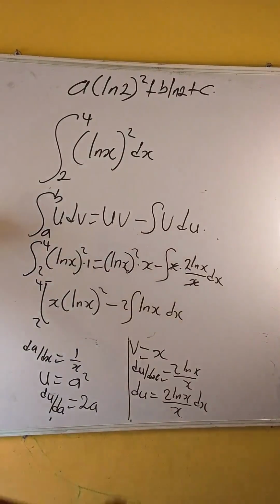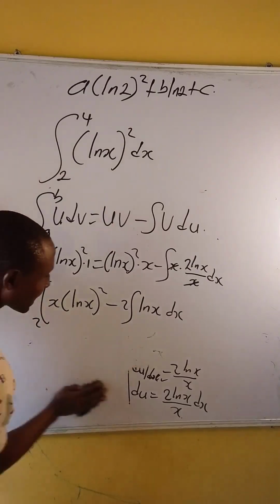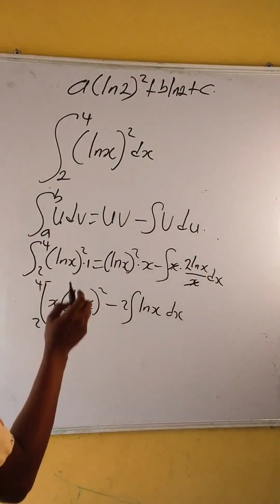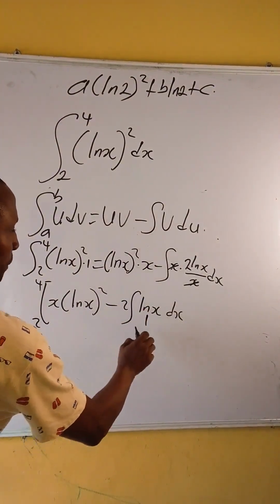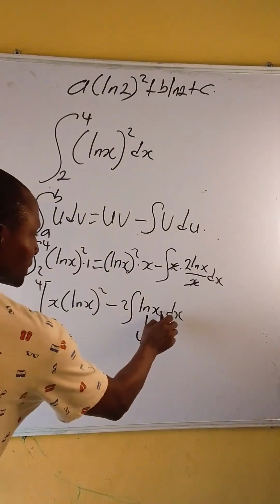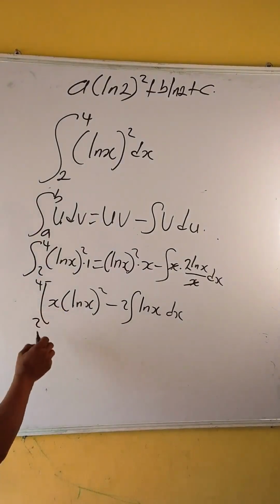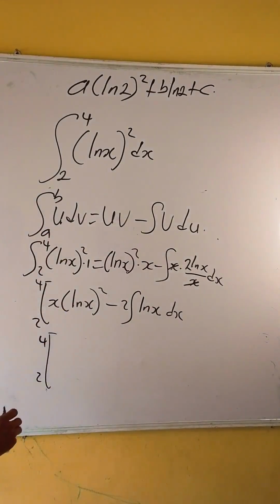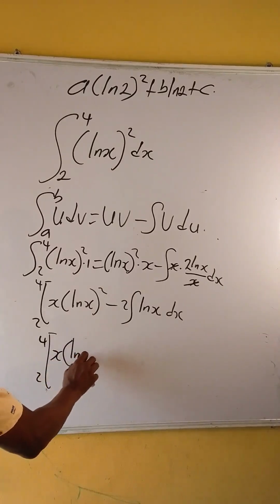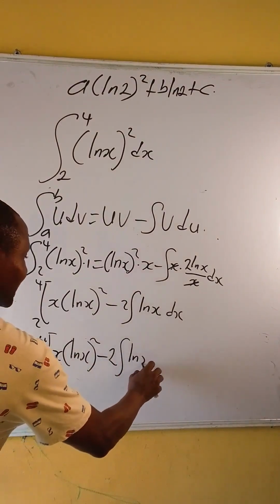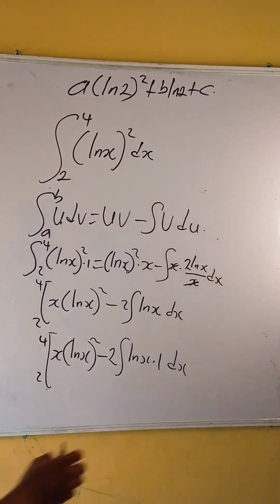Let's repeat that and see. This one is going to be your u, and you put a dot 1. So we have 4 and 2 x bracket ln x all squared minus 2 integral ln x dot 1 dx.